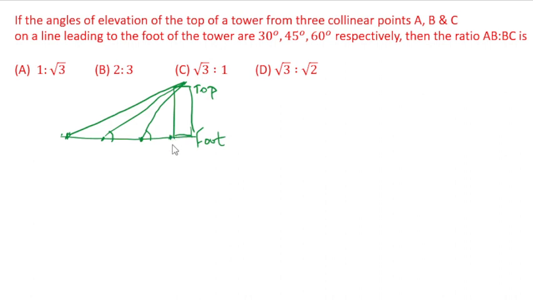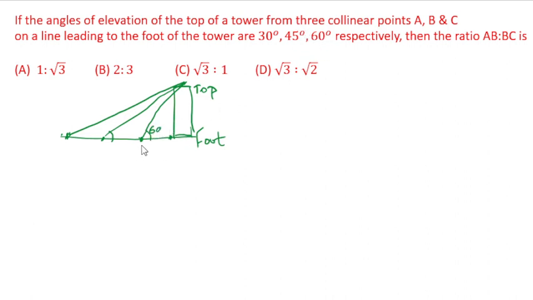When I go some distance away and view the same top, the angle must decrease. Here the angle is 90 degrees. When I come here, the angle must be 60 degrees, which is given here.